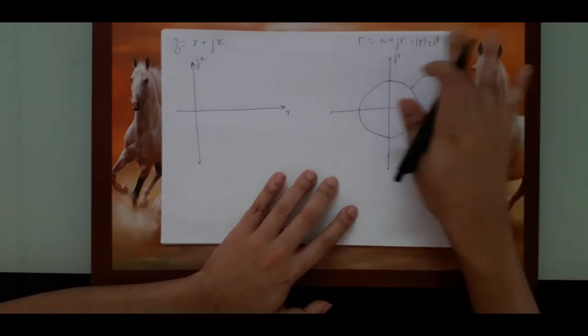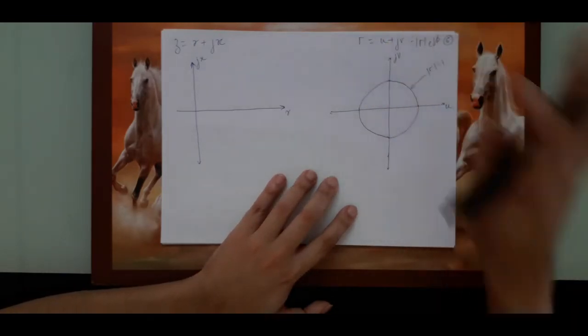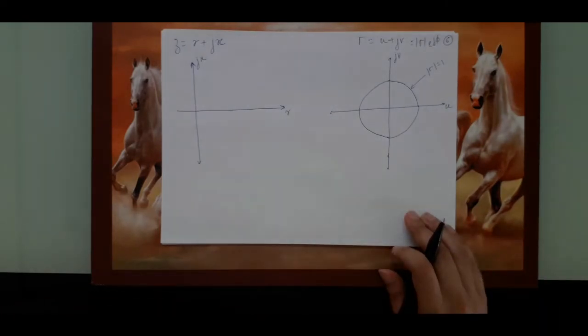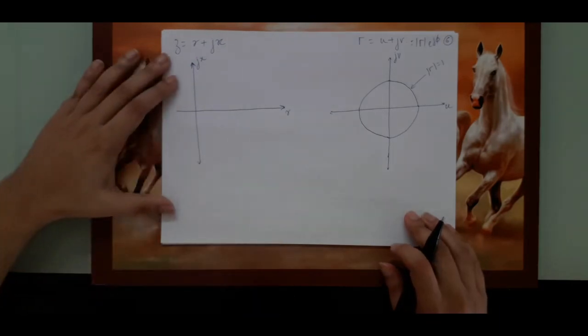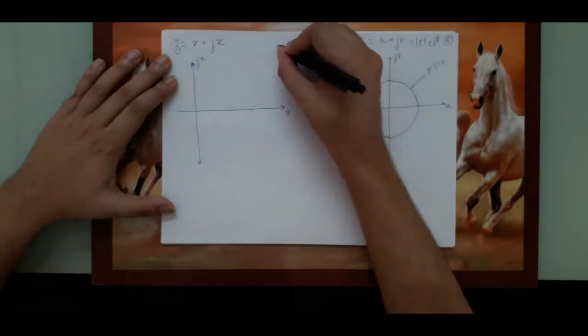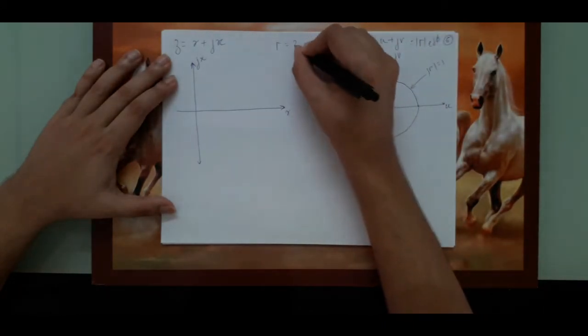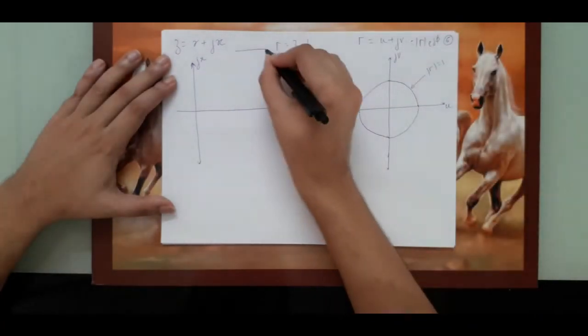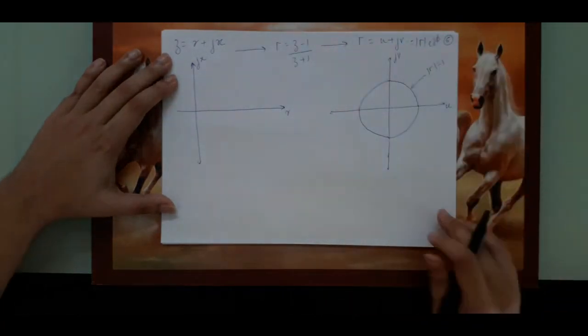So I am representing gamma in both forms, Cartesian as well as polar, so that you know that that's possible. Now let us write the transformation relation. Gamma is nothing but this, and this is the way we transform.